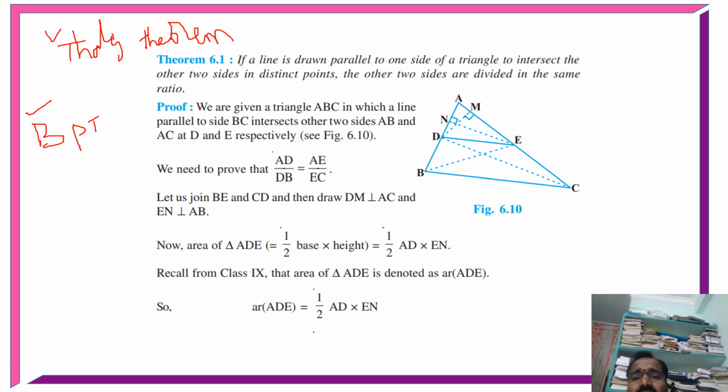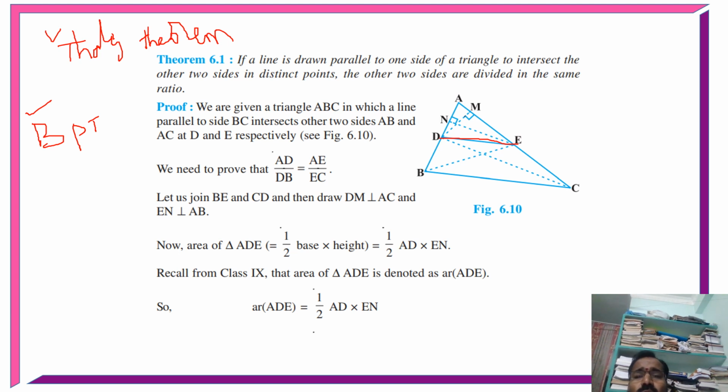Here ABC is a triangle, and DE is a line segment which is drawn parallel to the other side.